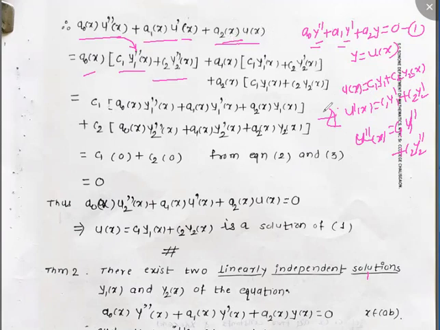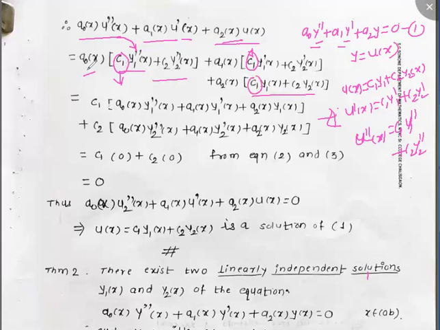u(x), now write down u(x). u(x) is a linear combination of y1 and y2, c1 y1(x) + c2 y2(x). Now separate y1 and y2. We take c1 common from all these terms.